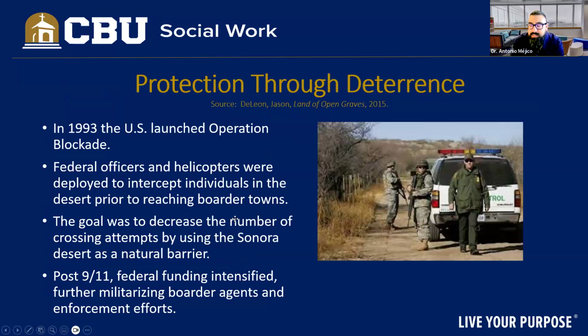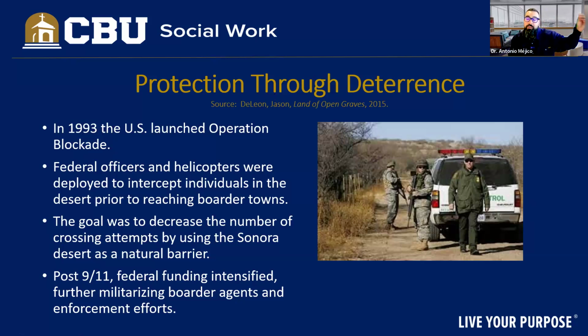Now, at the federal level, what happened is in 1993, our policy shifted and we adopted this new era of immigration border policy called protection through deterrence. There were several factors that we started to experience in the 90s going into the early 2000s that shifted the way that we monitored, detained, and interacted with individuals in the desert, in the border, okay? Now, in 1993, the US launched Operation Blockade. During this operation, federal officers and helicopters were deployed to intercept individuals in the desert prior to reaching border towns.